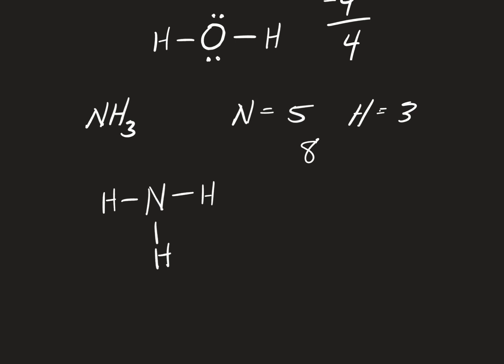What we used in that skeleton structure is 2, 4, 6 electrons. So we're going to subtract those 6 electrons from our bank of 8, and it's going to leave us with 2 leftover electrons that need to be distributed around this molecule. I'm going to put those 2 electrons around the nitrogen.